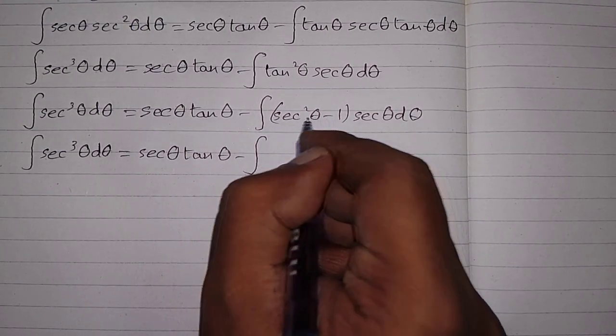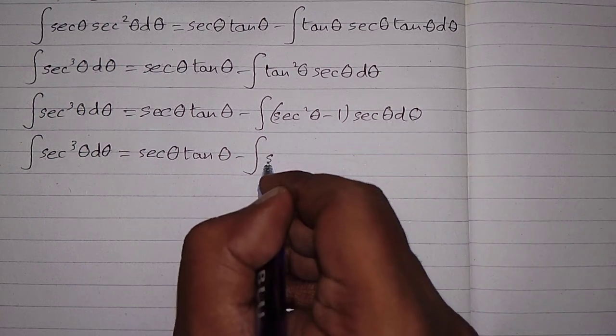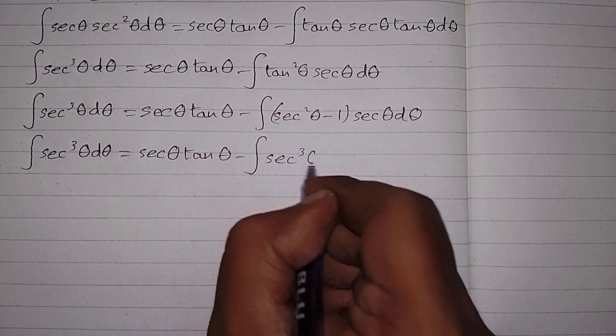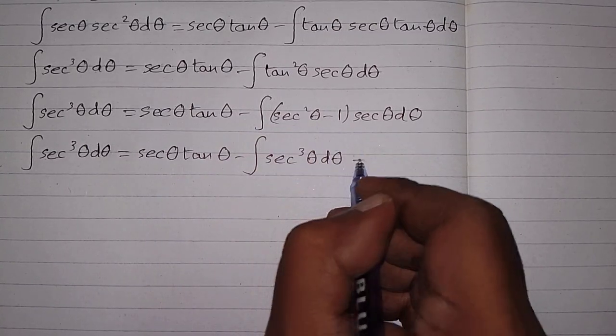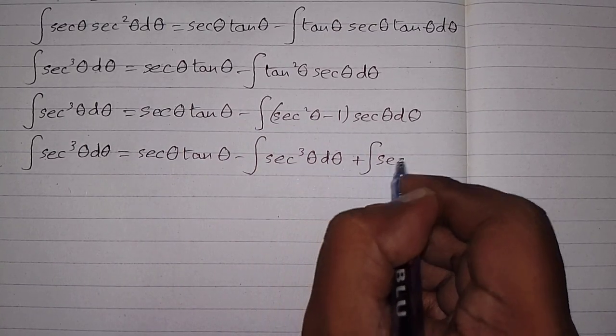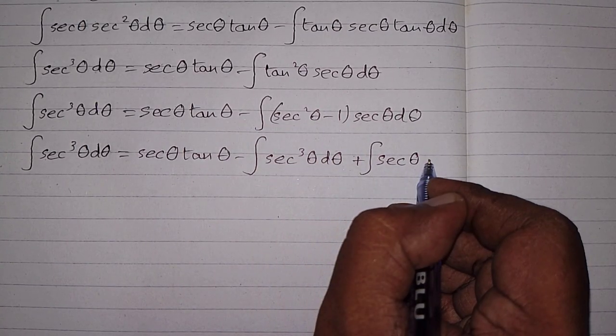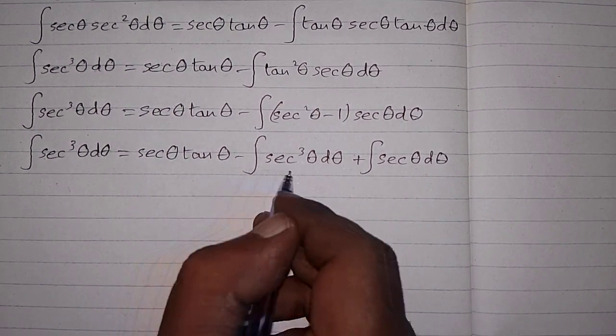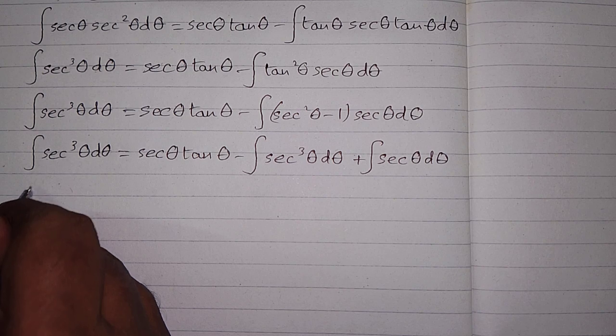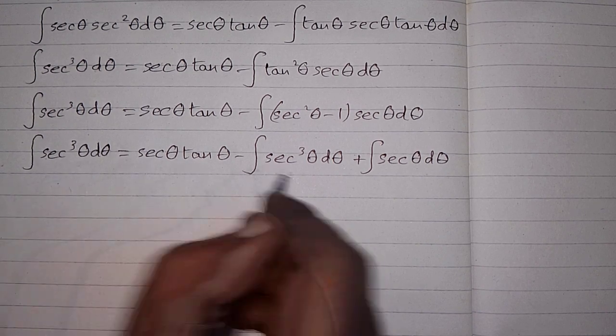So sec square theta multiplied by sec theta is equal to sec cube theta d theta, and minus plus integral of sec theta d theta. Now we can take integral of sec cube theta on this side of the equation, so these two integrals can be added.